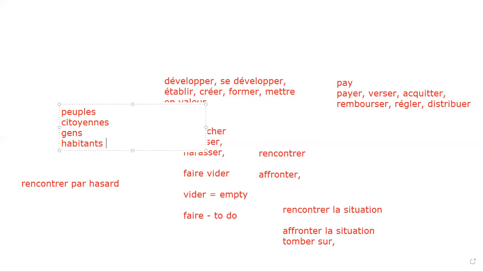Habitant, habitants, people. Is it clear, team? Yes, sir, to some extent it is one same thing. Les ados, the adolescents, the teenagers. Les jeunes, youngsters. Les ados, teenagers. Les jeunes, youngsters.